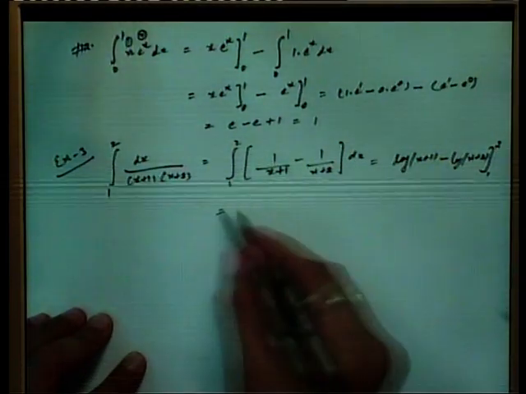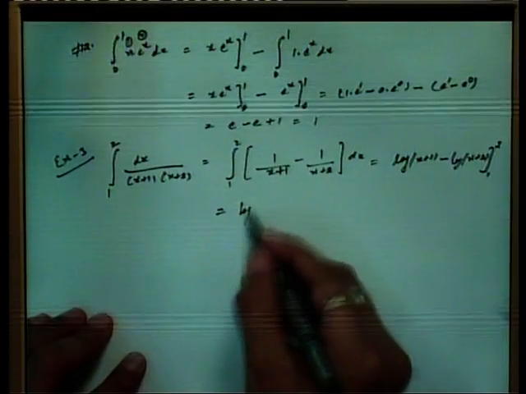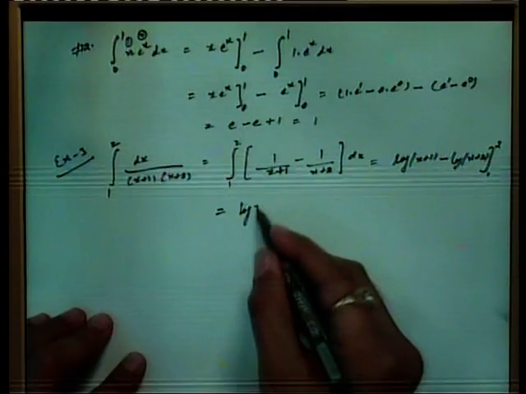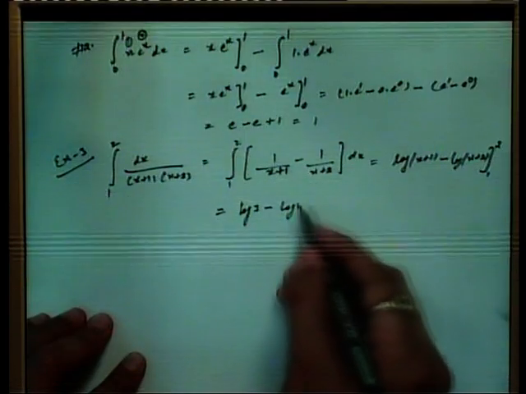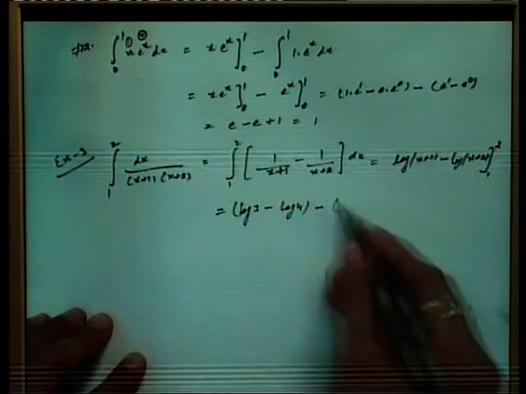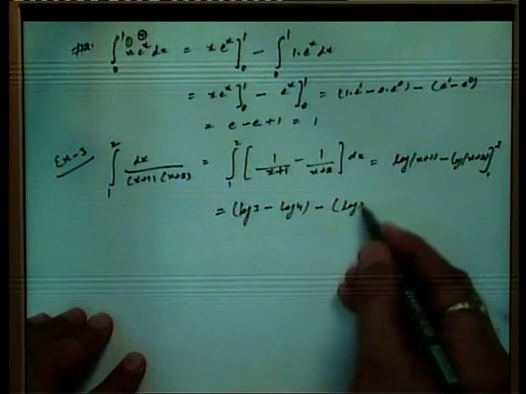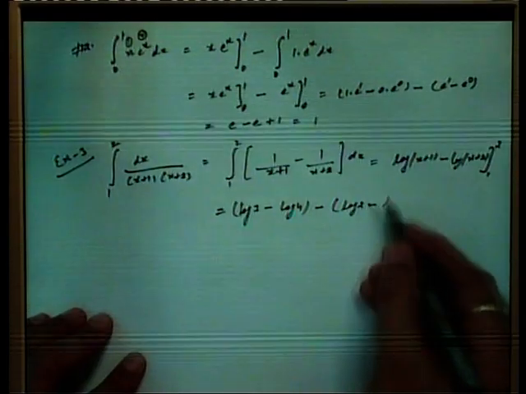Similarly, putting the upper limit, if we put x equal to 2, you can get log 3 minus log 4, minus lower limit, if you put lower limit, log 2 minus log 3.